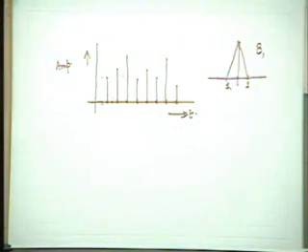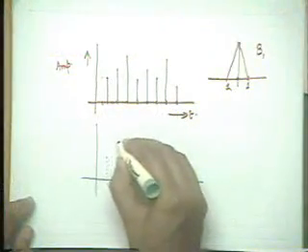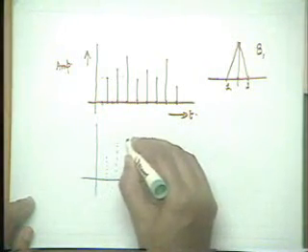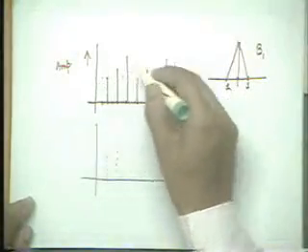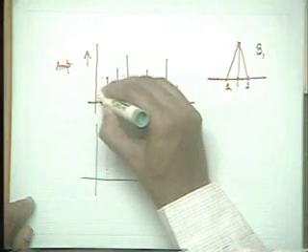So on this axis, let us say that we are considering data. Here we have the original samples something like this, or let us draw it on this waveform only, so that it is easy for you to understand.